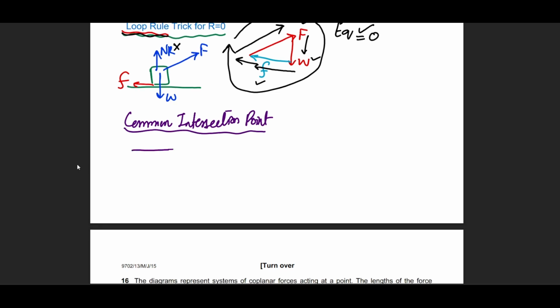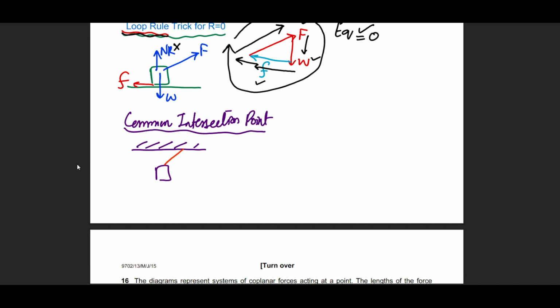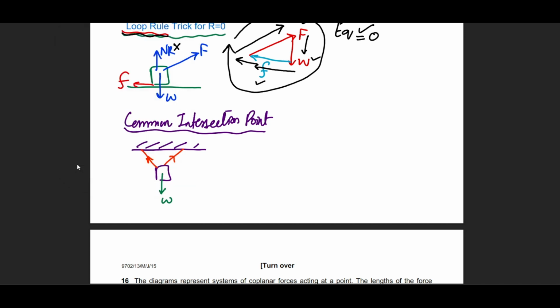For example, if you have a ceiling and you have an object hanging, let's say there are two threads connected to the ceiling that are trying to hold the object back, and this is, let's say, the component of weight, right? Now, according to the common intersection rule, if all the forces are extended, then they should all meet at a certain point.